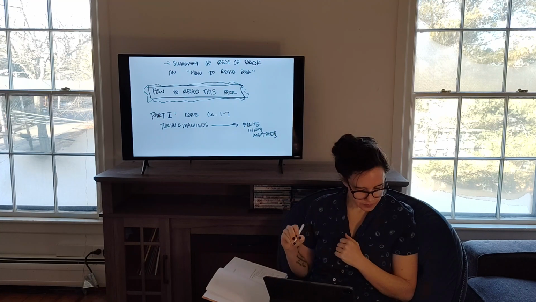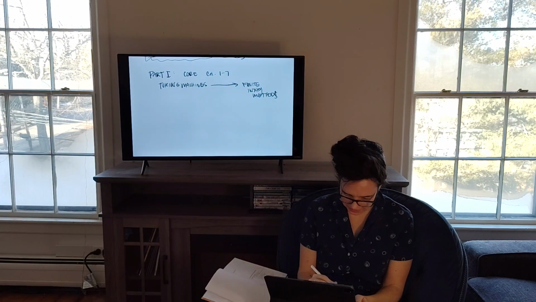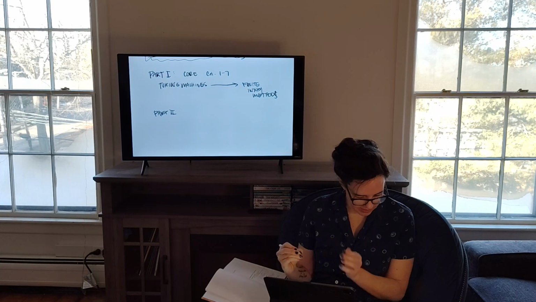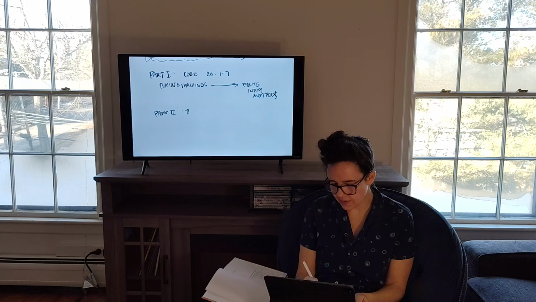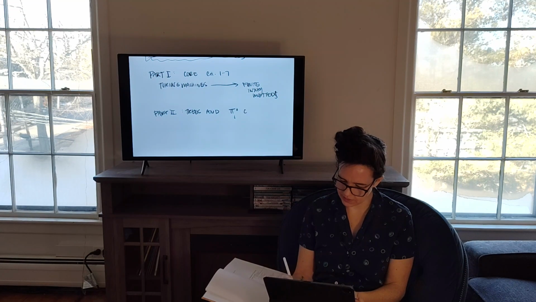Okay. And then part 2, which really looks interesting, is trees and Pi 1 0 classes.